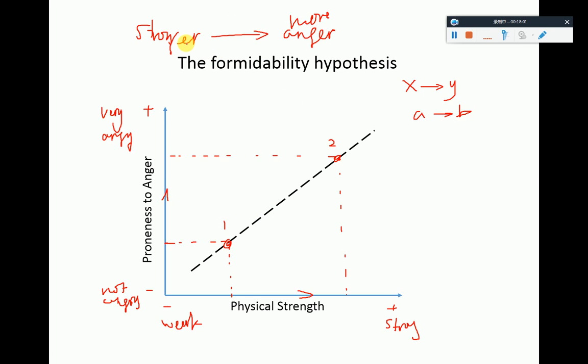Because when we say stronger physicality leads to more anger, it's the same as rephrasing this sentence to say, if you are weaker, you will experience less anger. And these two hypotheses are exactly the same.